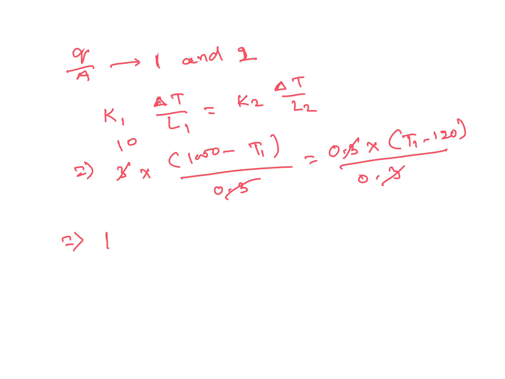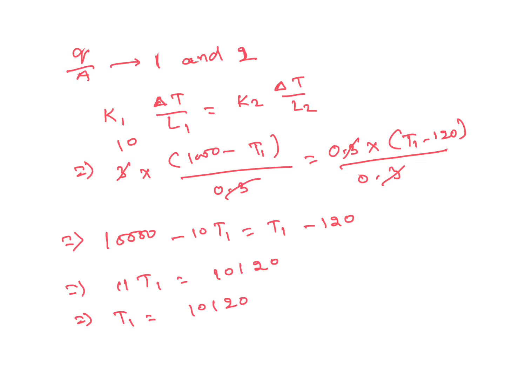So it's 10 to the power 4 minus 10 T1 equal to T1 minus 120. So 11 T1 equal to 10120. So the interface temperature T1 is 10120 by 11.